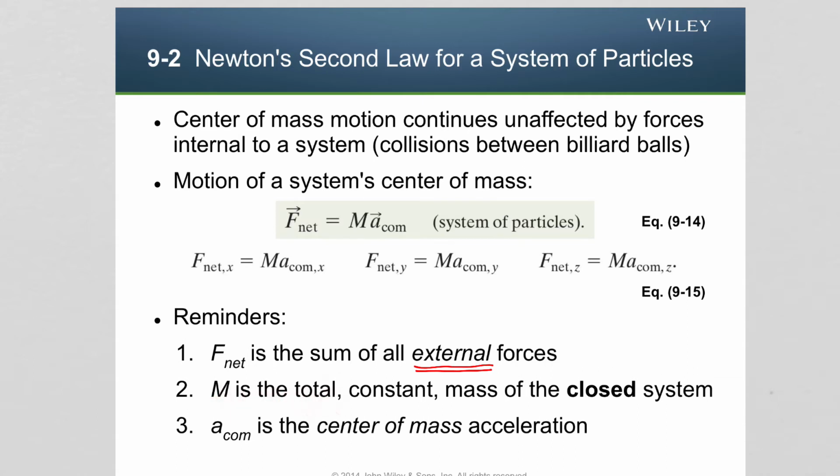And it's important to also remember that this is a closed system, meaning that particles do not leave the system, particles do not get added to the system. So the number of particles in the system is constant at all times. That is the only way the mass will be constant. And finally, as I already stated, a COM is the center of mass acceleration.